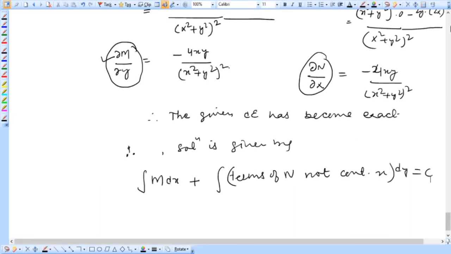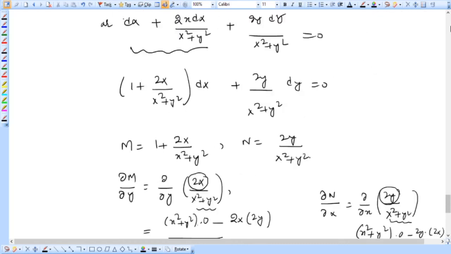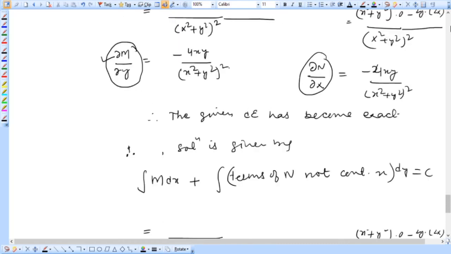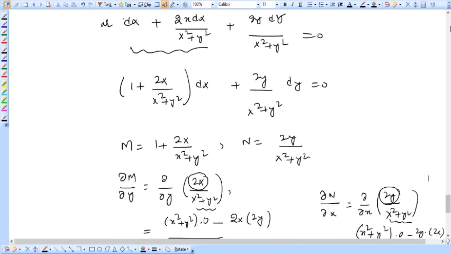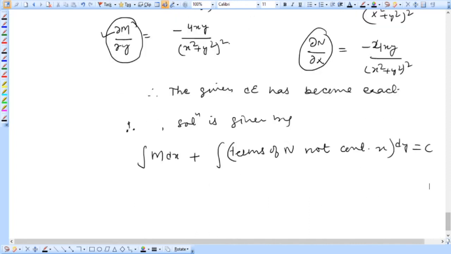Now see what was M here. M was 1 plus 2x upon x square plus y square, that is, M is (1 plus 2x over x square plus y square) dx.